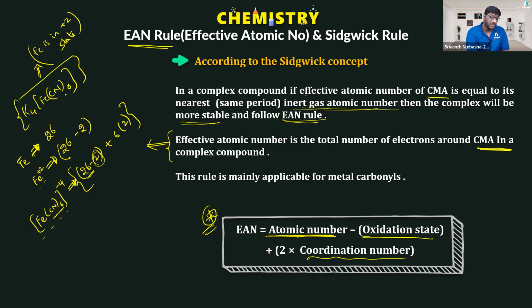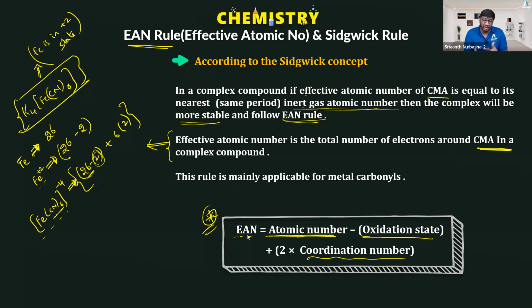In this complex, the number of electrons present around the central metal atom has been given using your effective atomic number. If this effective atomic number is equal to the nearest inert gas atomic number, then we say that particular complex is stable. If not, it is less stable. So this rule is mainly applicable for metal carbonyls.